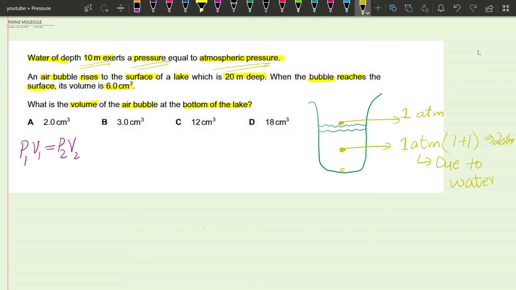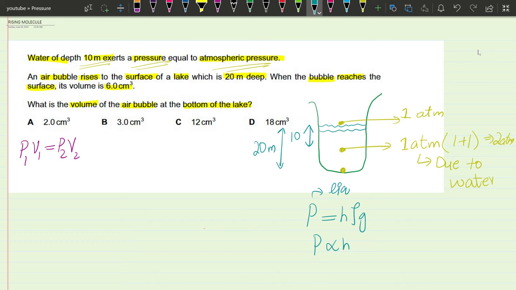Now what is the pressure at the bottom? We know the height is 20 meters. We know by the equation P equals h rho g that the pressure is directly proportional to height. If at 10 meters the pressure is 1 atm, what would be the pressure exerted by the liquid at 20 meters?